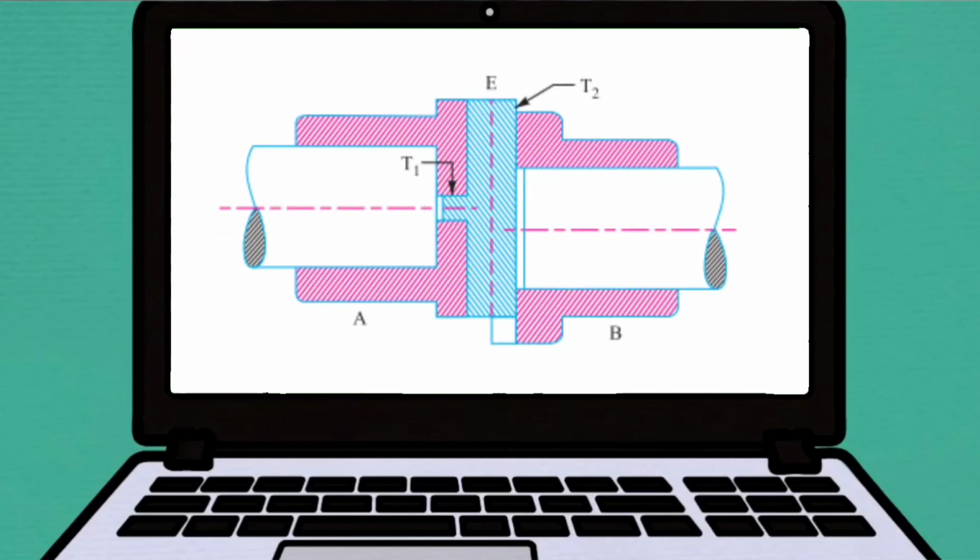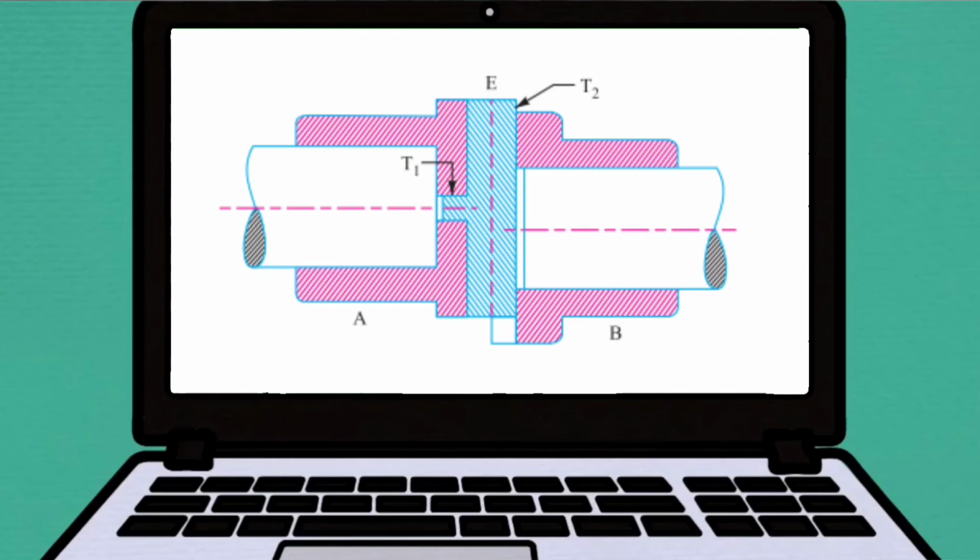Additionally, the Oldham coupling is used to join two shafts which have lateral misalignment. It consists of two flanges A and B with slots and a central floating part E with two tongues T1 and T2 at right angles, as shown in the figure below. The central floating part is held by means of a pin passing through the flanges and the floating part.